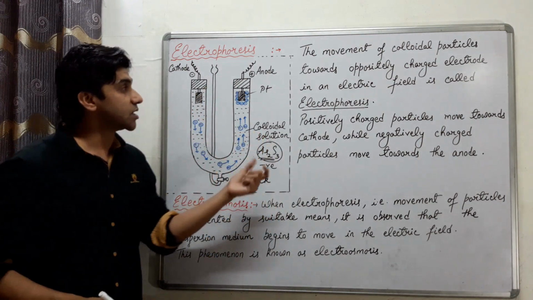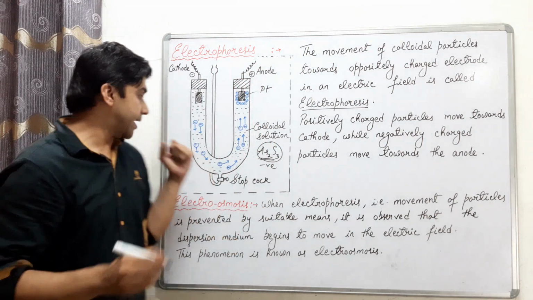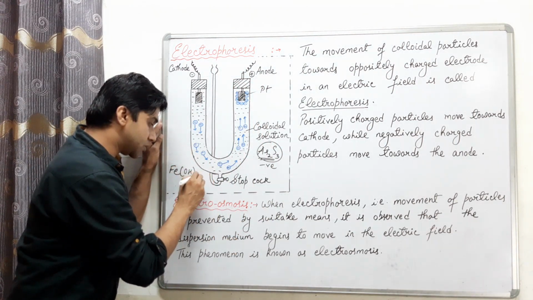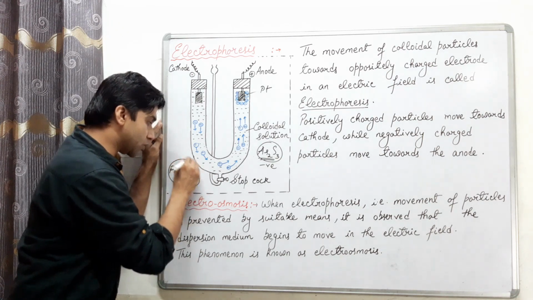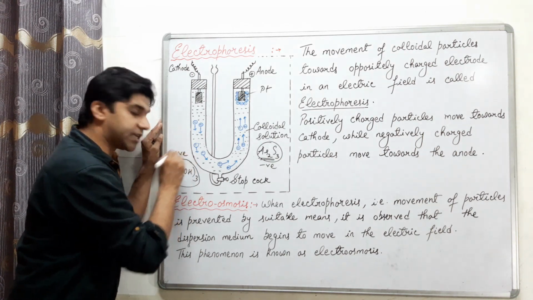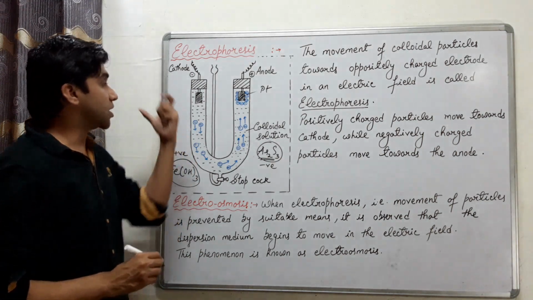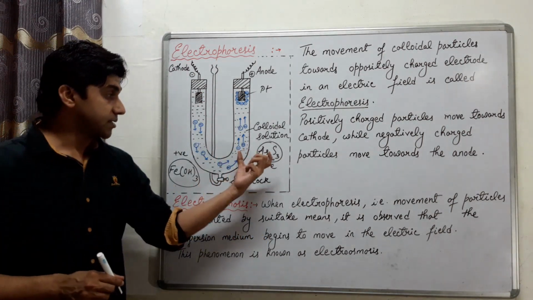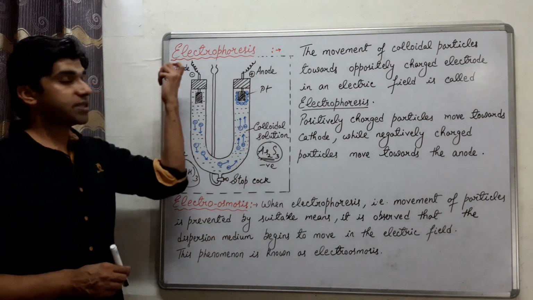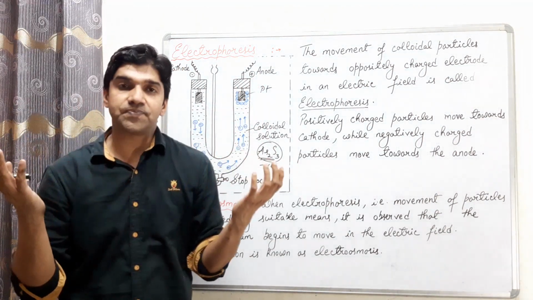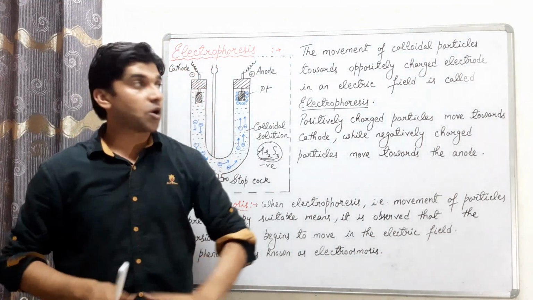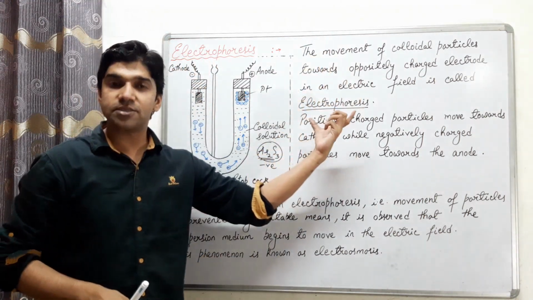So they will move toward the anode. And if we take ferric hydroxide sols, we know that these sols are positively charged. So they will move toward the cathode. So this movement of the charged particles toward the oppositely charged electrodes in an electric field is called electrophoresis.